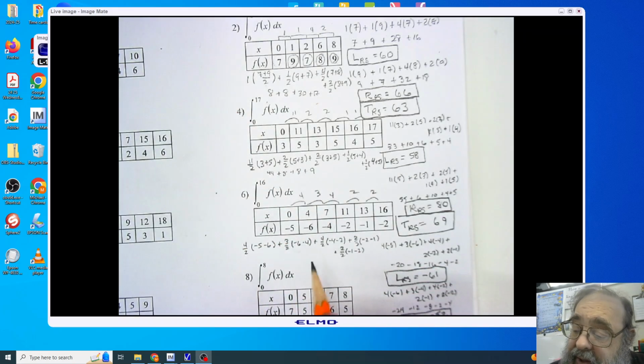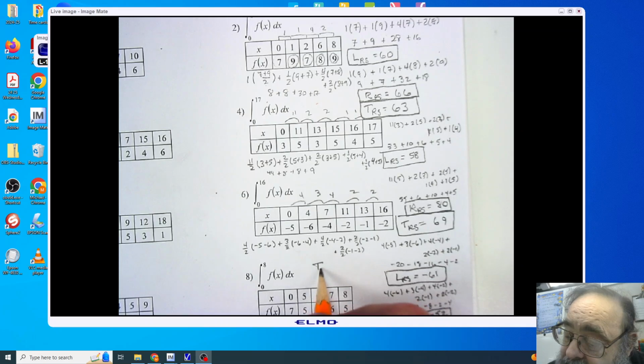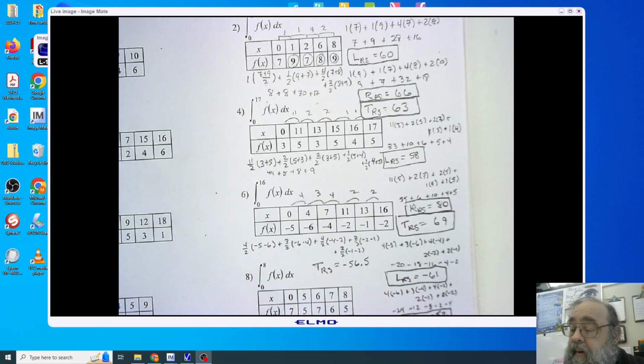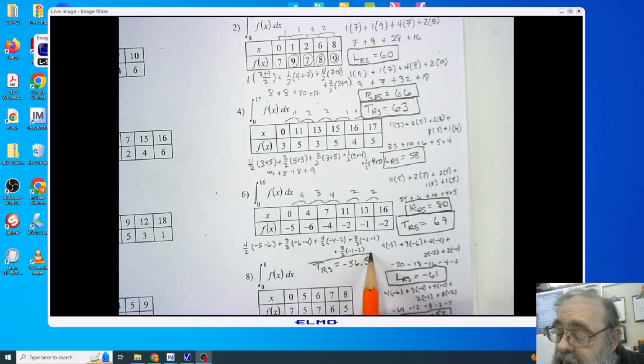Now when you do that, you should find that your trapezoidal Riemann sum equals negative 56.5. And those are my processes.